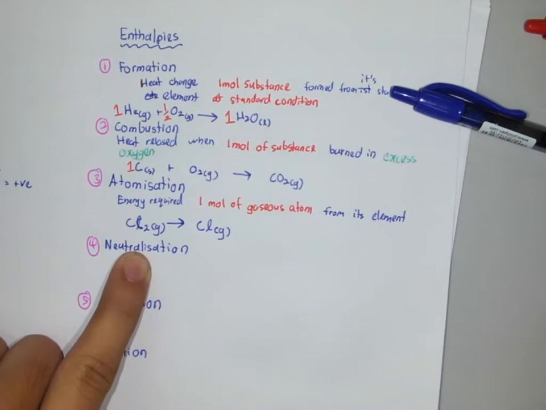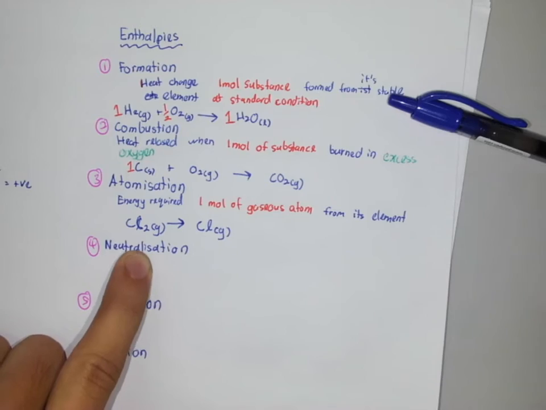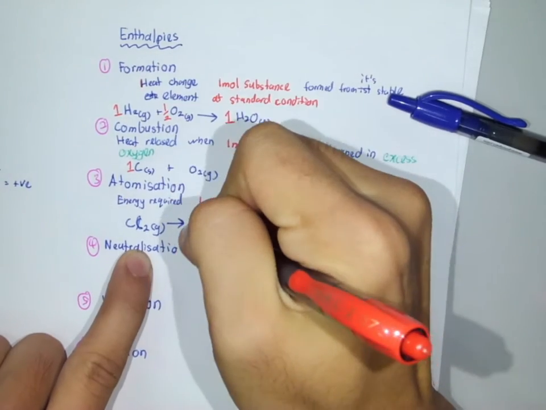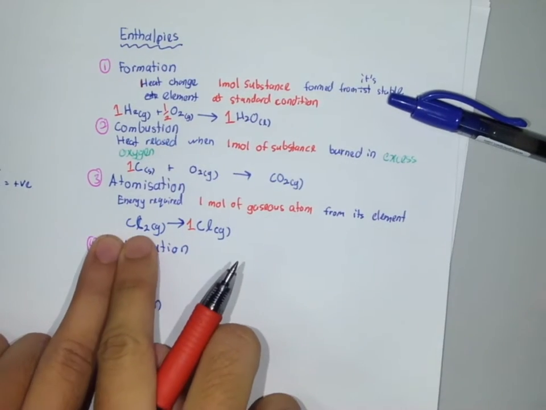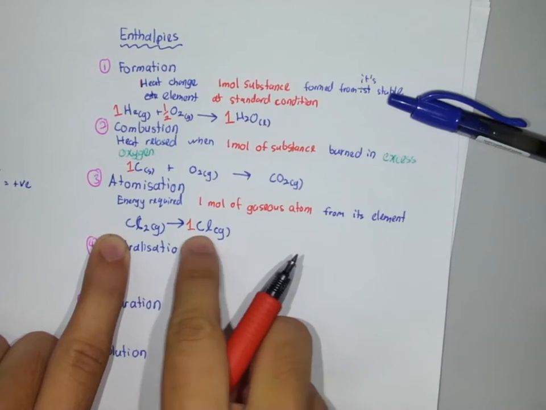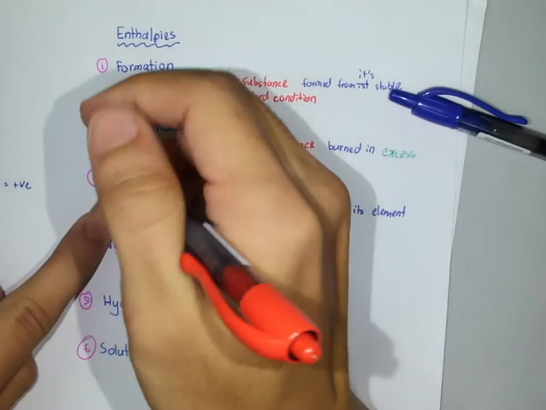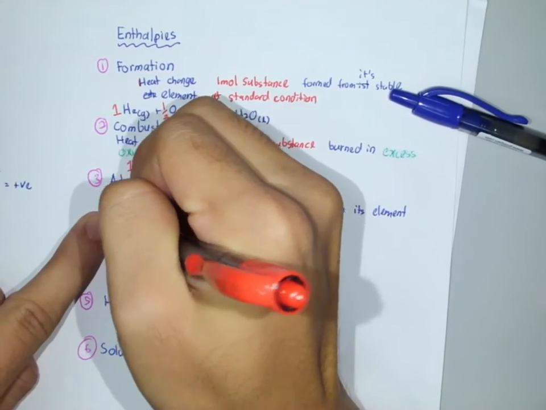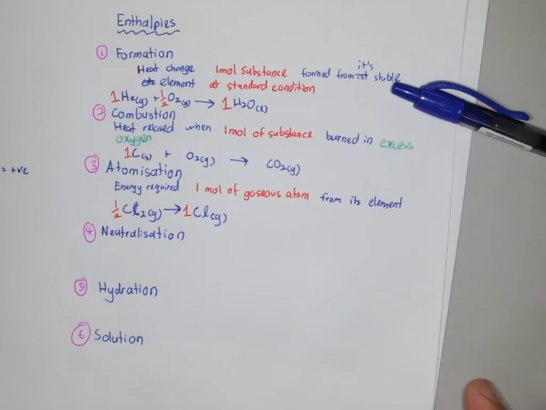So the enthalpy of atomization says that we need to make sure this is 1 mole, right? So Cl2 gas to chlorine gas, so we have to use 1/2. Alright, so that is the enthalpy of atomization.